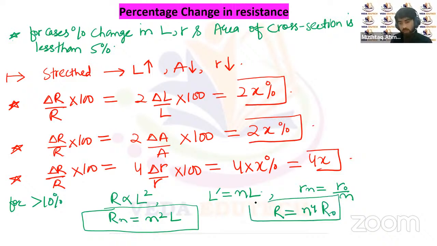So these are the two important relations to calculate the percentage change in the resistance. If the length of the conductor upon stretching becomes n times the original length, then the new resistance will be n square times the original. And if the radius of the conductor is decreased to r naught by n, then the new resistance will become n to the power 4 times the original resistance.